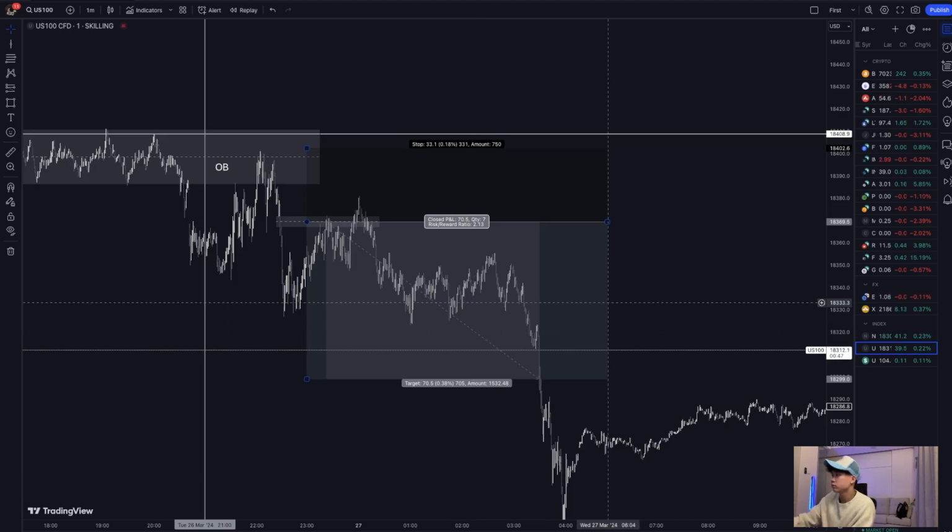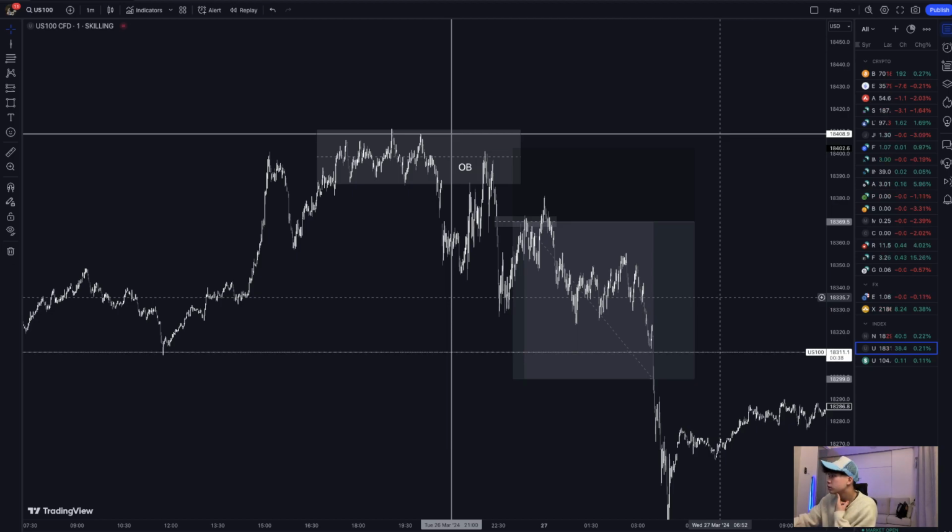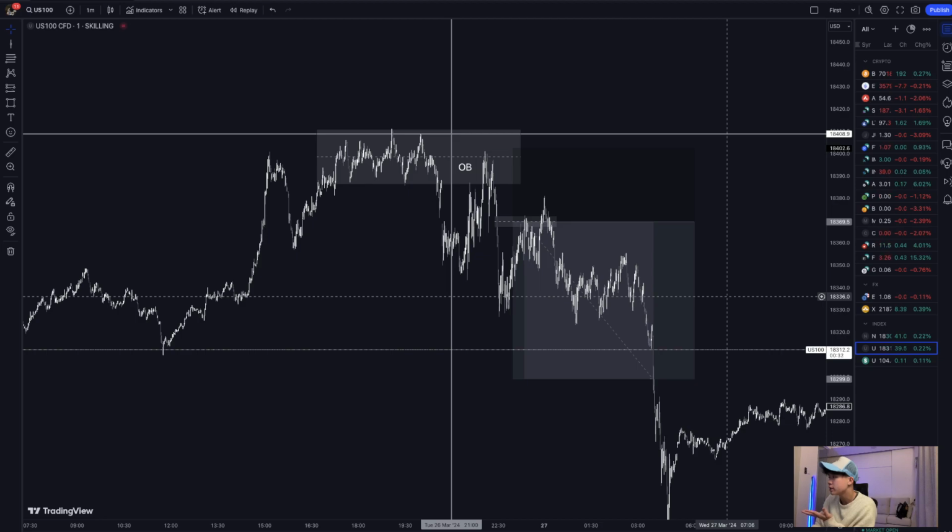I mean, there isn't really much more that we could do, but usually these high probability setups don't come very often. But when they do, it's a great execution opportunity. I hope I'm not speaking too fast.